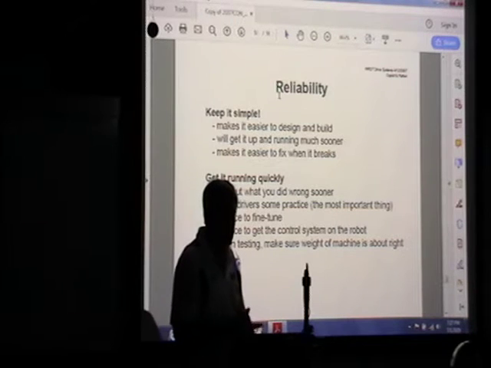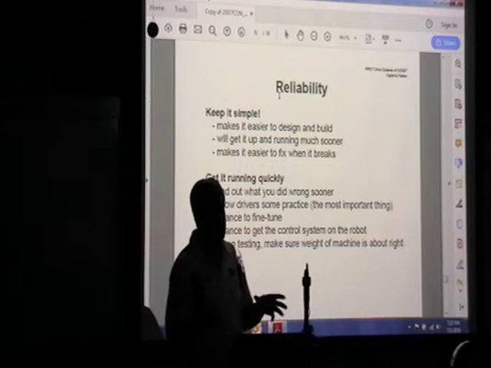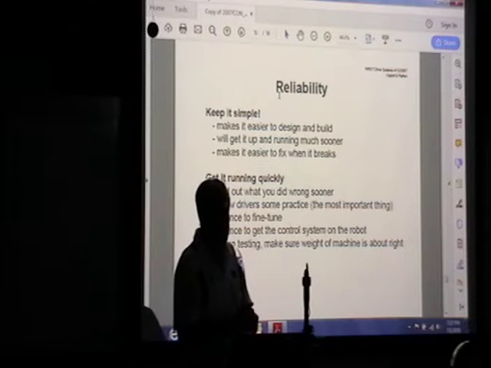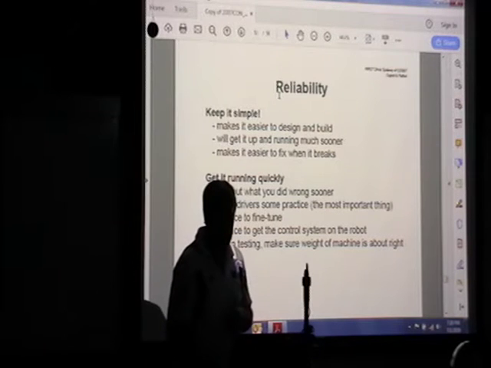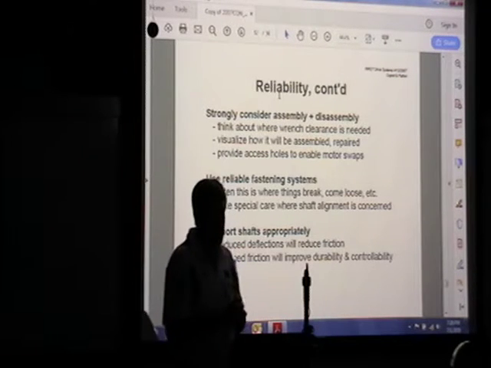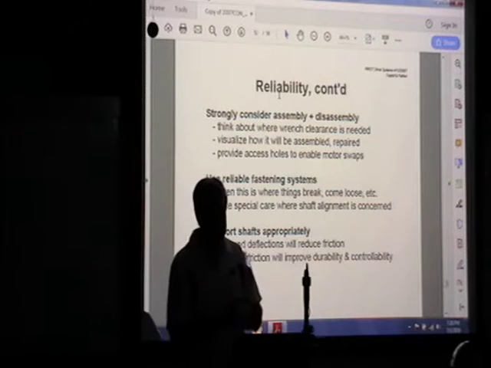When testing, make sure the weight of the robot is about right. If you had to add some dead weight because you're going to add a mechanism later, make sure you throw that on the robot. That way it's going to act differently with that additional weight than it will if it doesn't have it. Consider assembly and disassembly when you're doing your mechanism design.